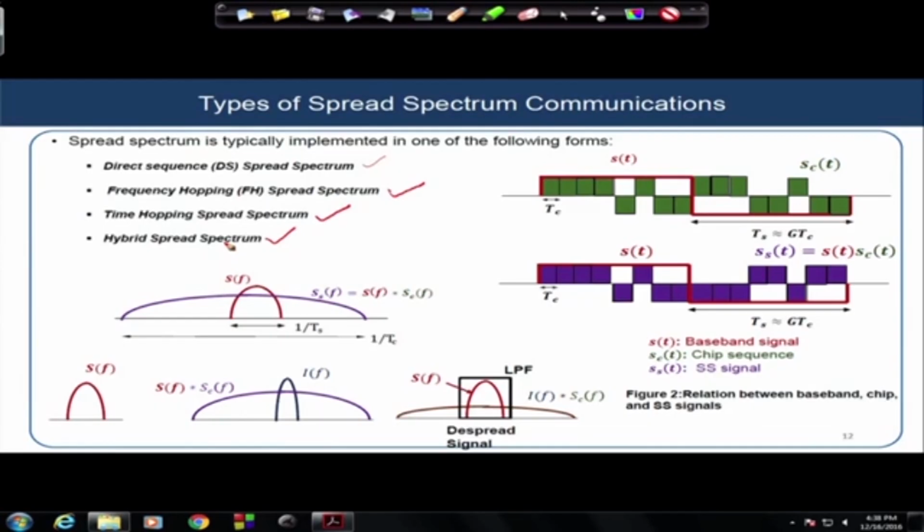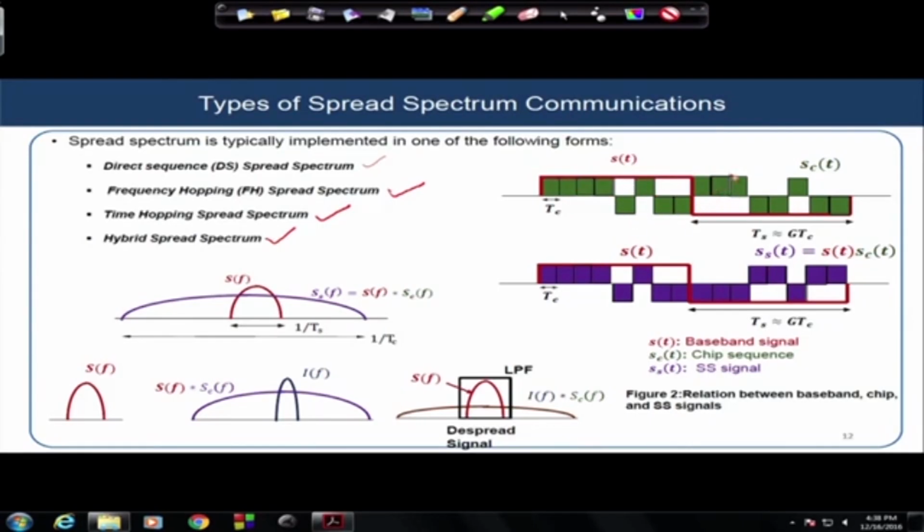We were telling from the beginning that we have data. The S(t) here, the red line, is the data that is required to be transmitted, and this data has a duration of Ts.